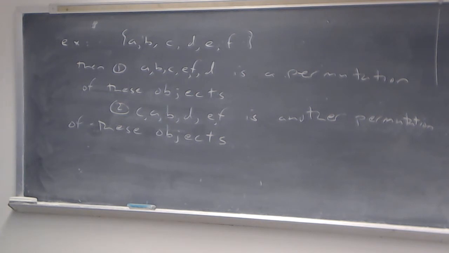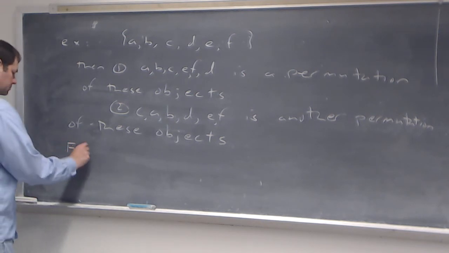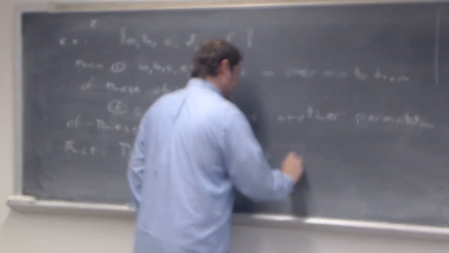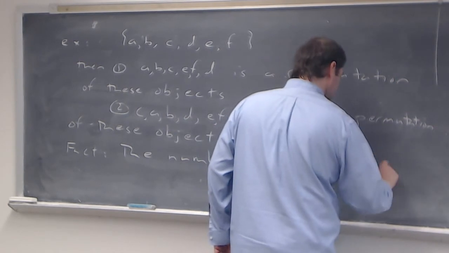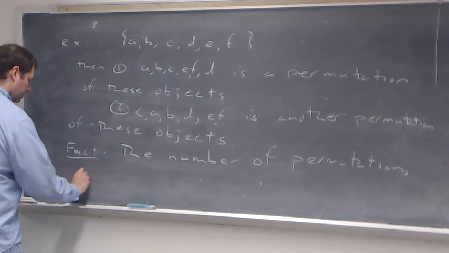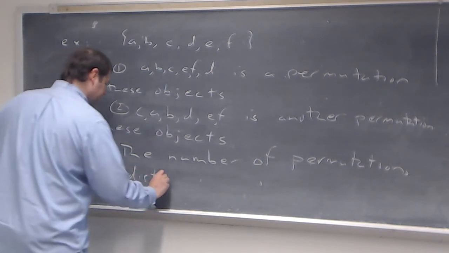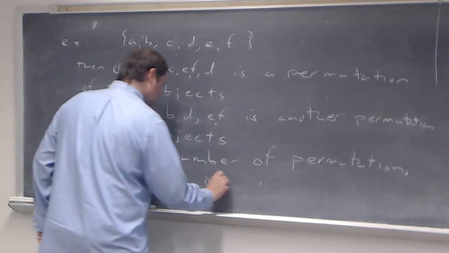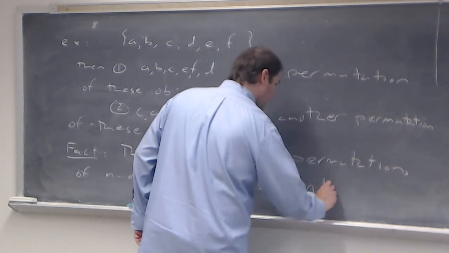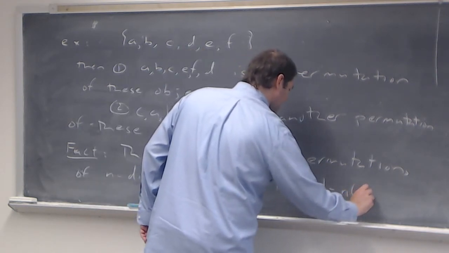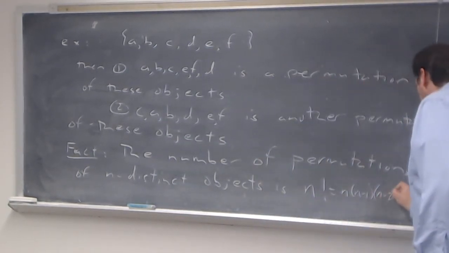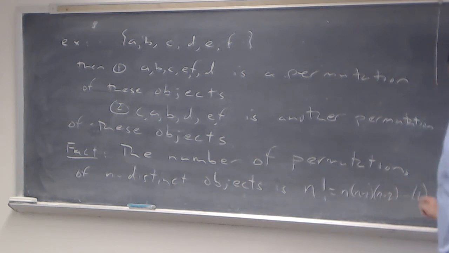It makes them different. As a fact, the number of permutations of n distinct objects is n factorial, which is the same thing as n times n minus 1, and the next number you multiply by is n minus 2, and you keep multiplying by one less number until you get all the way down to 1.